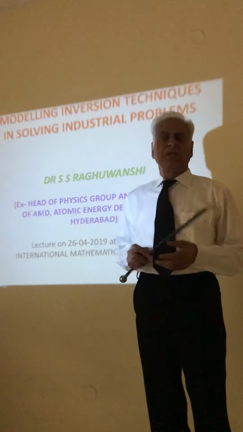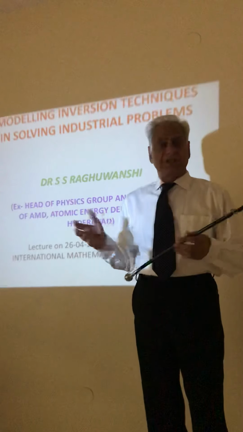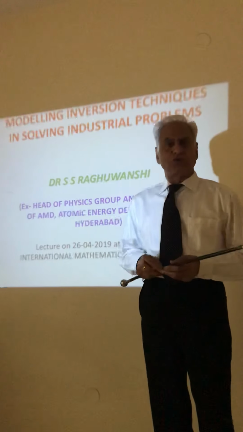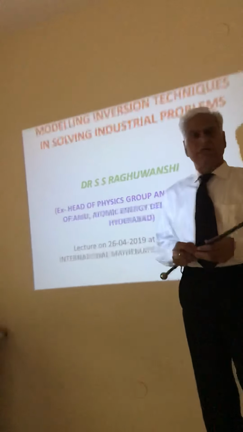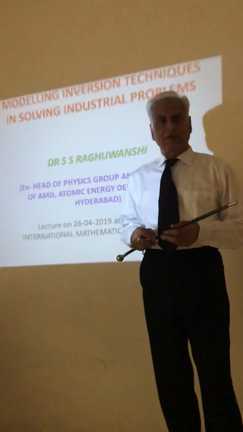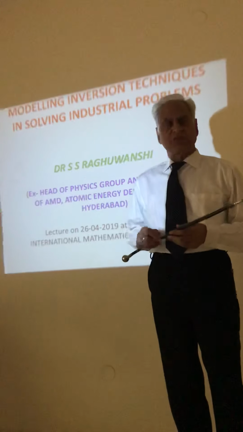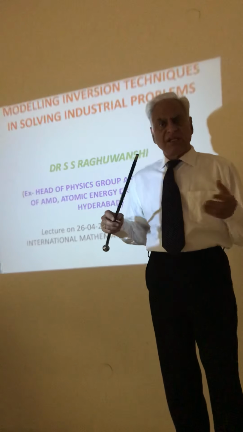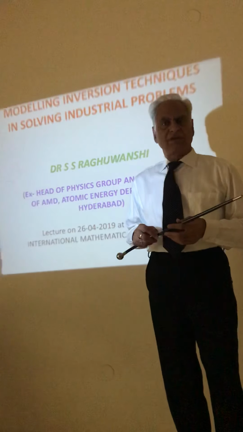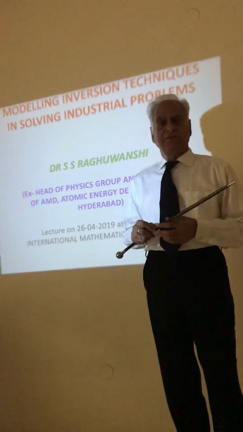For example, suppose there is a radioactive source which is lost mistakenly, and one has to discover where this source is lying, how big it is, and what are its dimensions and location. It is very tough.